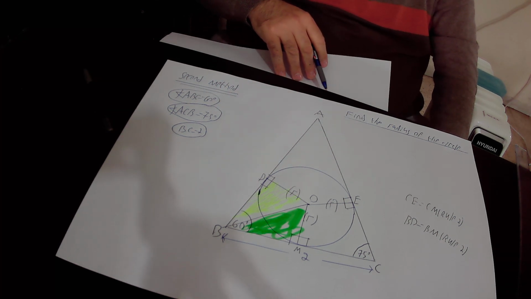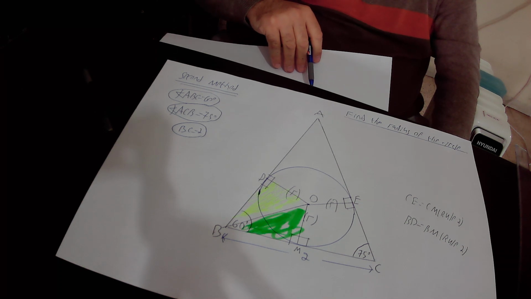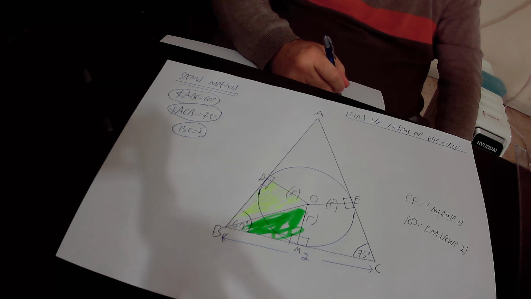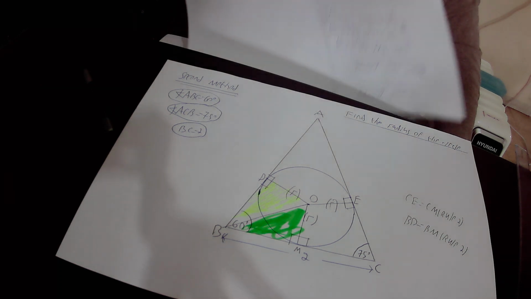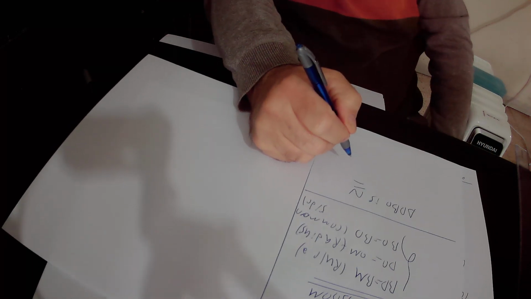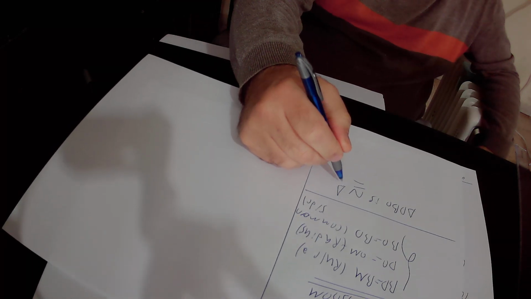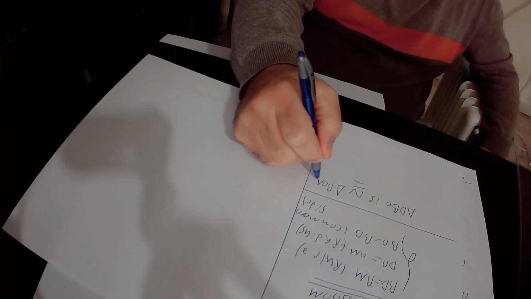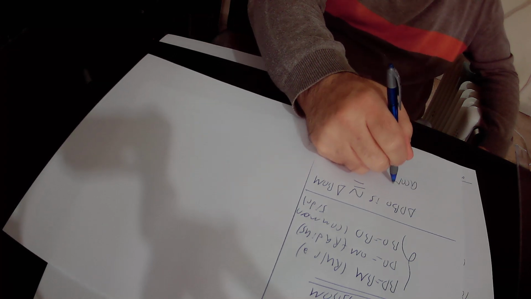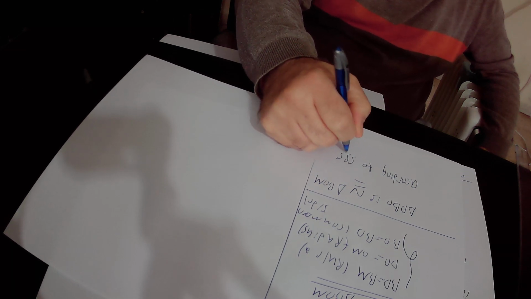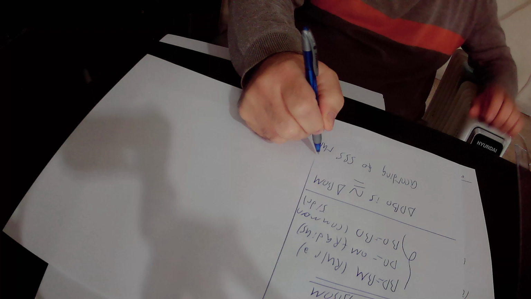Therefore, we proved that the green right triangle DBO is congruent to the green right triangle BOM according to the side rule.